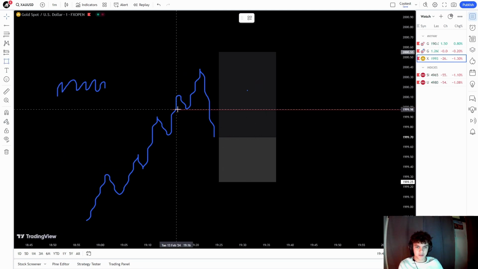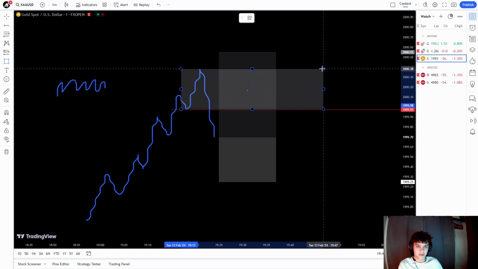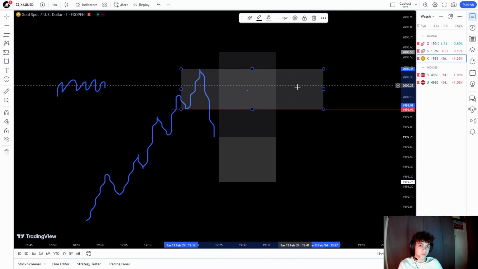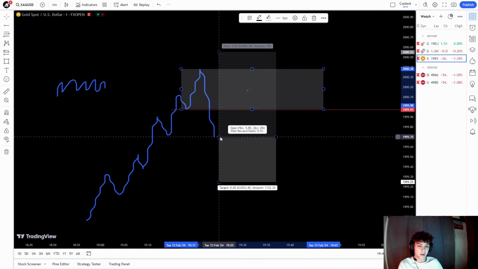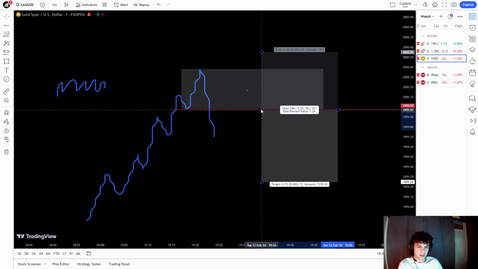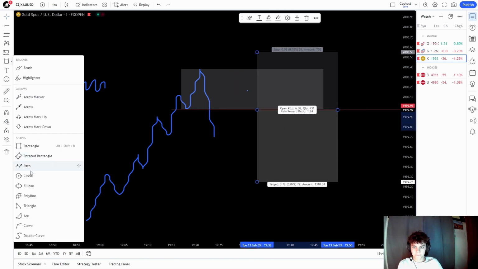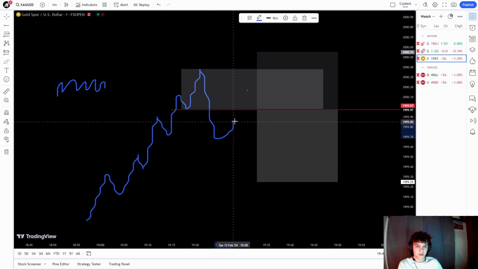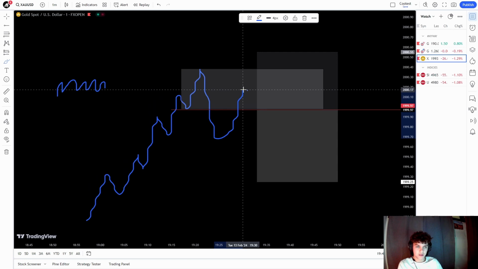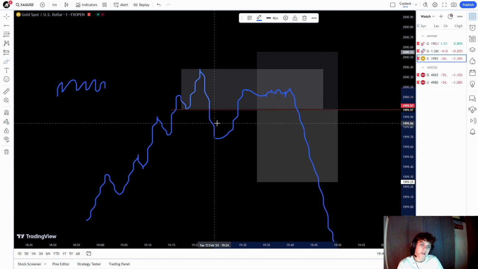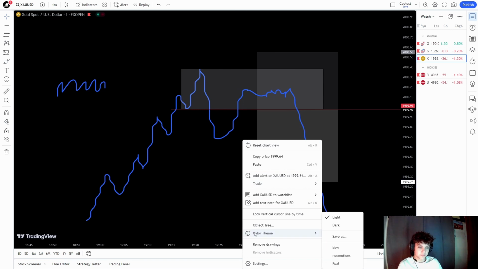So let me just mark out the area of this order block and place it like this. Then it comes back, and the ideal would be like this. It goes into the order block, boom. That's the ideal of an order block.